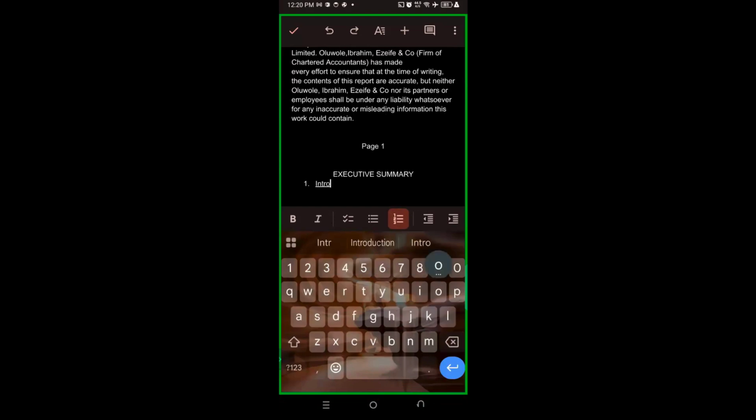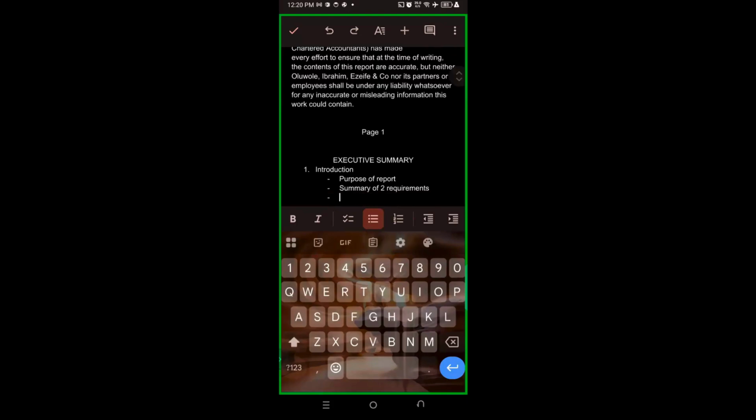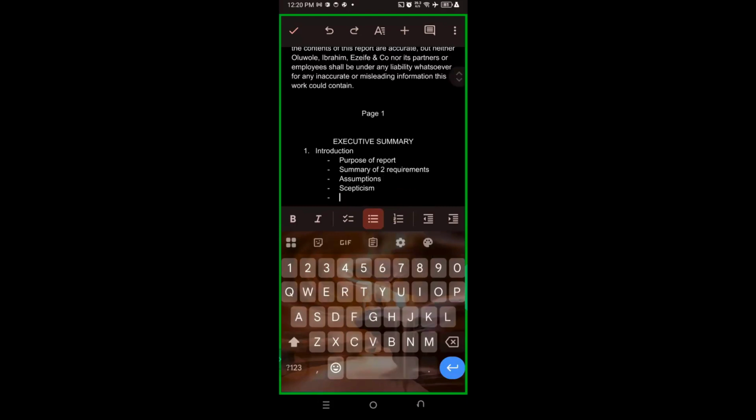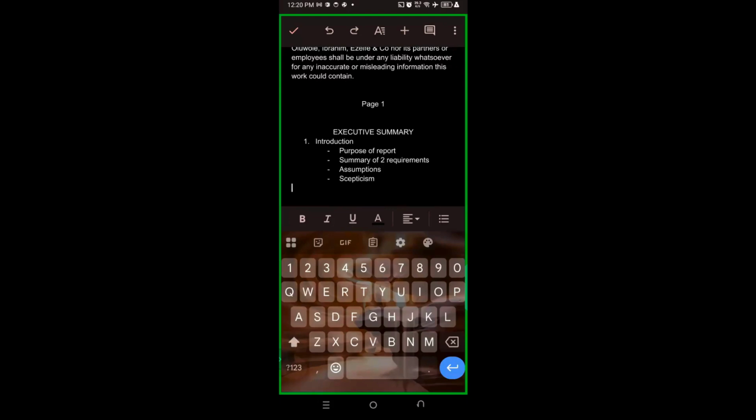Introduction: under the introduction, you talk about the purpose of the report, summary of the 2 requirements, assumptions, and skepticism. Then summary of requirement 1, conclusions.